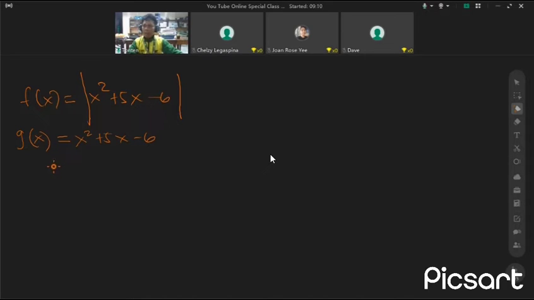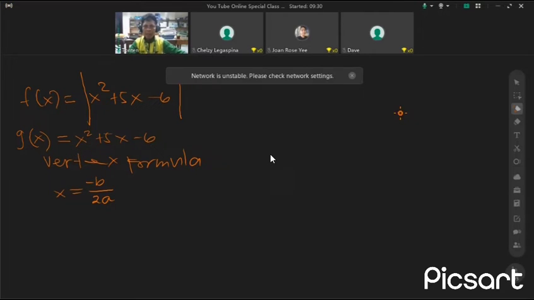So the first part is to find the vertex. We have the vertex formula for finding x: x is equal to negative b all over 2a.